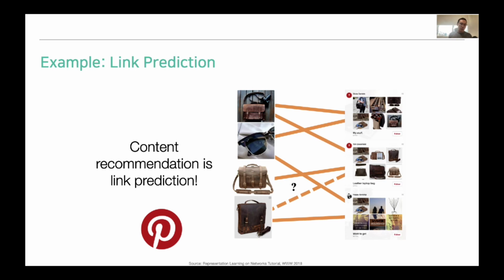That is deeply related to link prediction. We assume that the link is the buying action, so we try to guess your future buying action. We can understand that problem as link prediction.